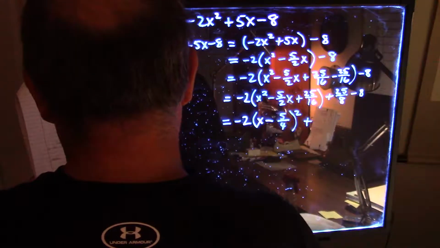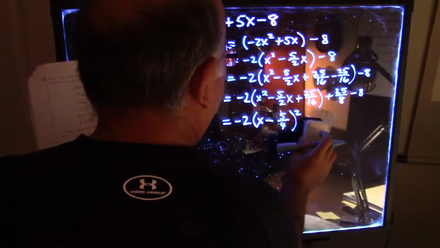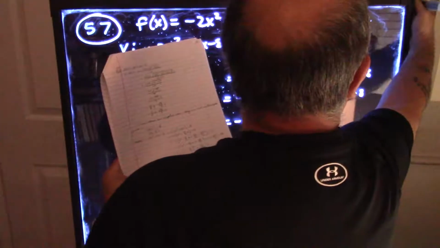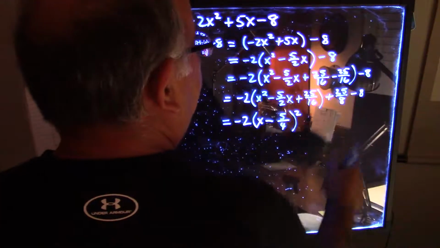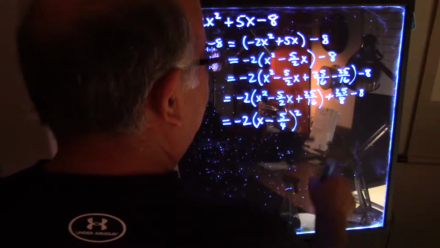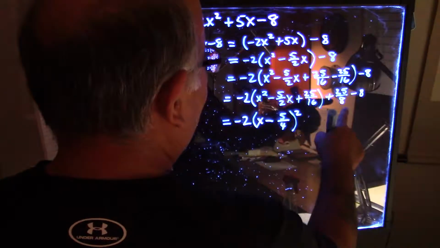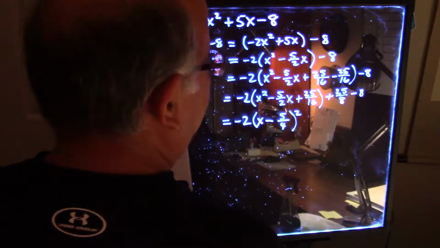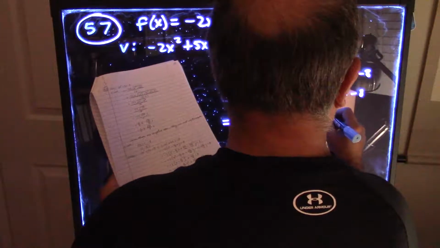Then multiply the 8 by 8/8 to get a common denominator of 8, so that becomes 64/8. So it's 25/8 minus 64/8, which equals negative 39/8.